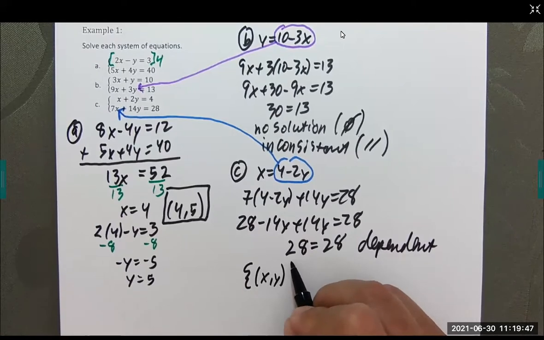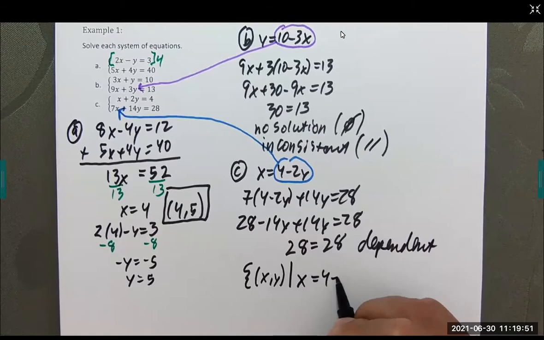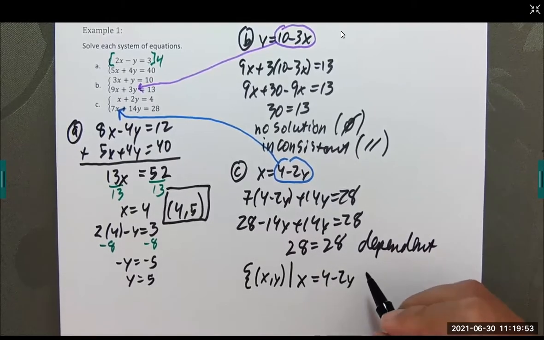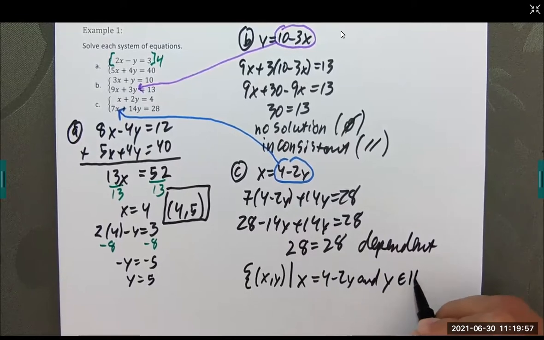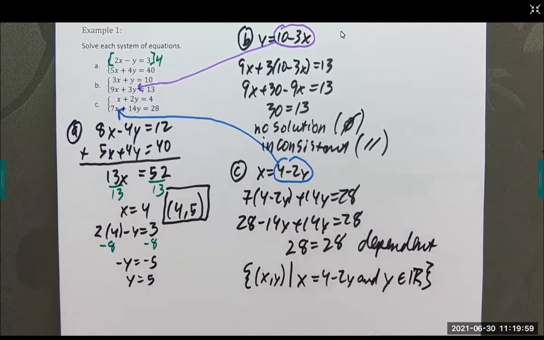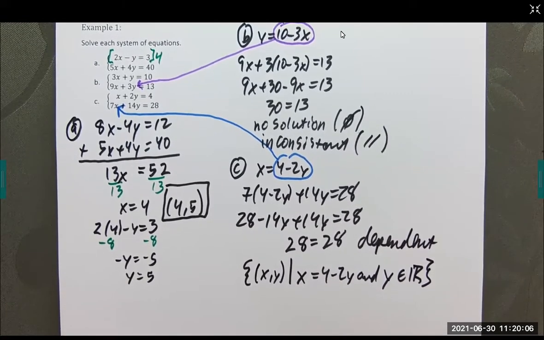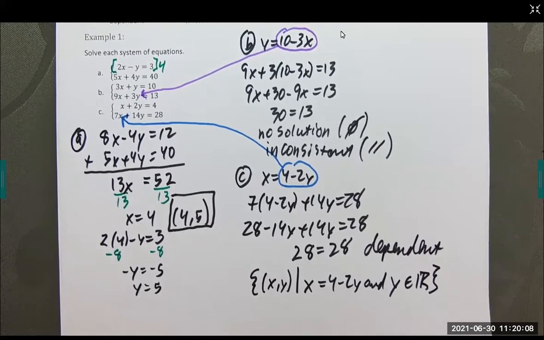So it's all x's and y's as long as x is equal to 4 minus 2y, and y is any real number. By the way, you could have solved for y and said that x is any real number. So it really doesn't matter. And it should specify for you.